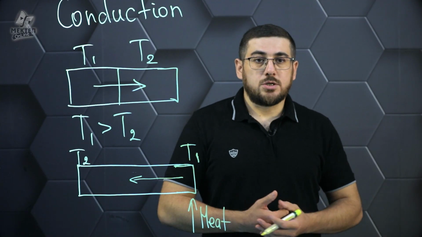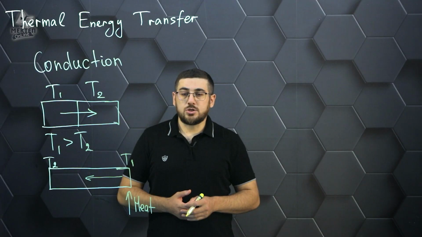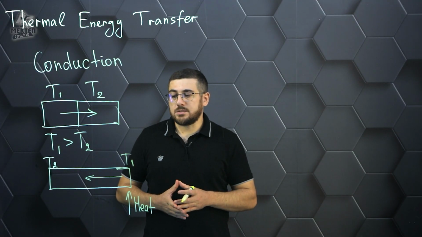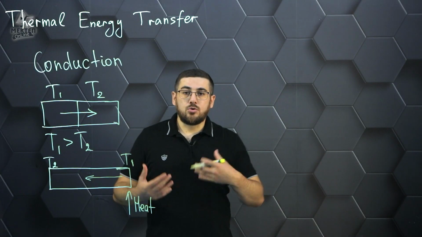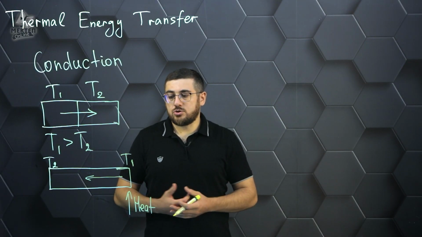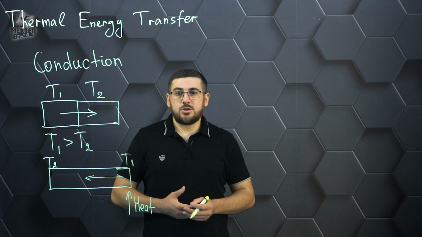Also outdoors, you can feel, for example, in cold weather, that different objects made of different materials have a different temperature to the touch. But again, we must clearly understand that the temperature of all these objects is the same, but the rate of heat transfer is different.